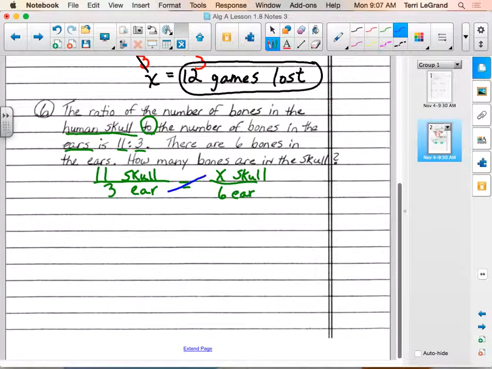So we're going to do 3 times x, and we're going to do 11 times 6. So we end up with 3x equal to whatever 11 times 6 is. That happens to be 66. And now we will divide each side by 3.